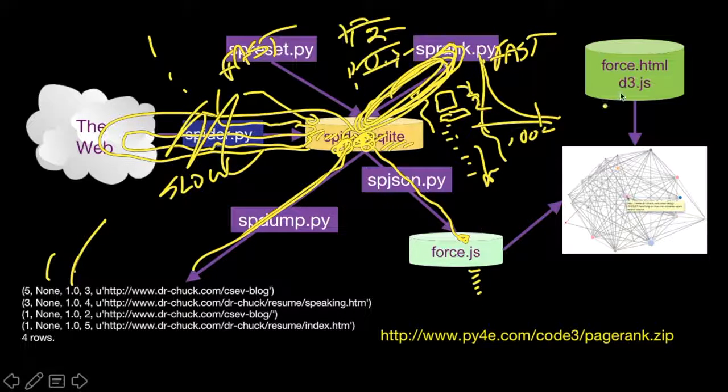And then there is some HTML and a visualization library called d3.js, which you can read about, that when the HTML starts, it reads this and has this nice force-directed layout of the page rank. You can hover over things and see what page rank you've got. And so that is the PageRank algorithm that we're going to do.